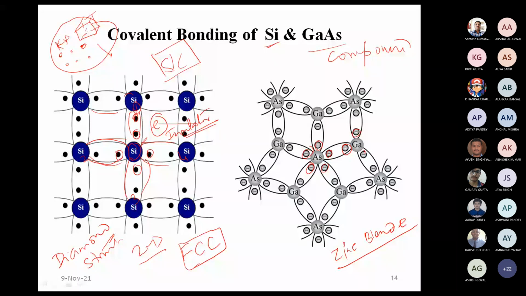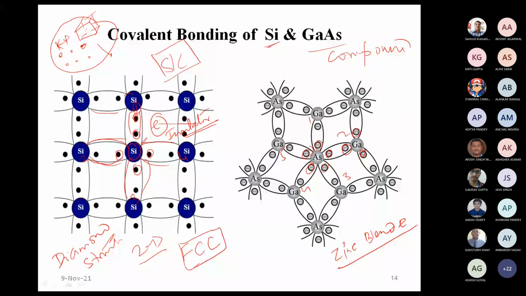So this is a complex structure in which each arsenic atom is surrounded by gallium atoms, and again they form covalent bonds with each other.